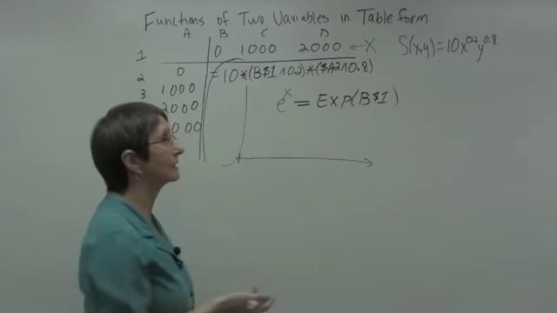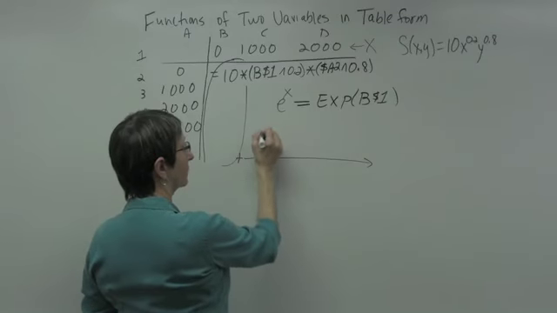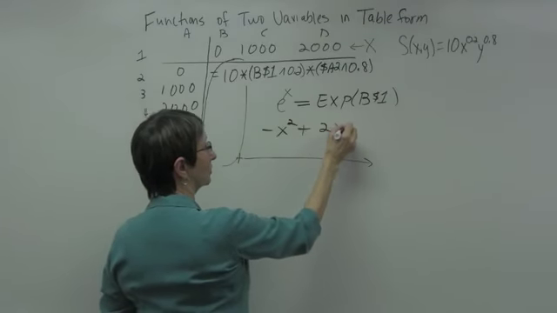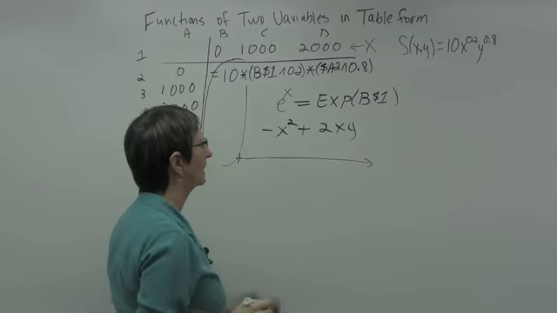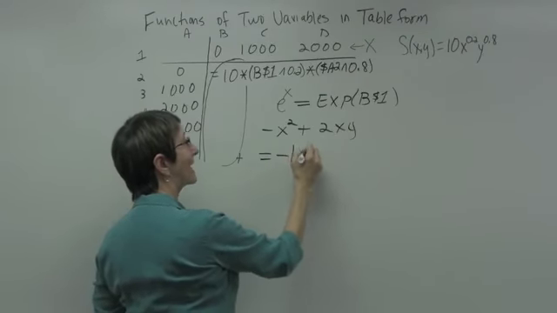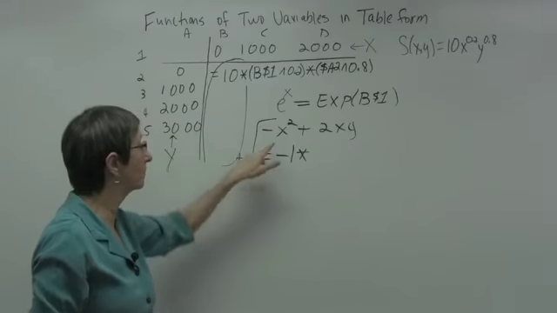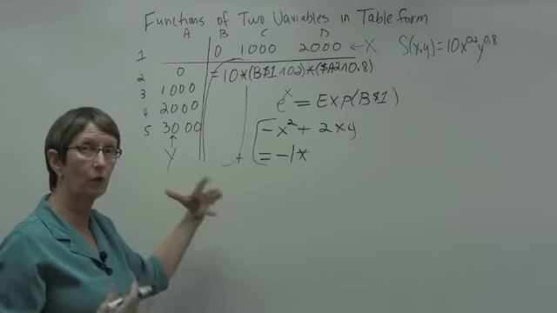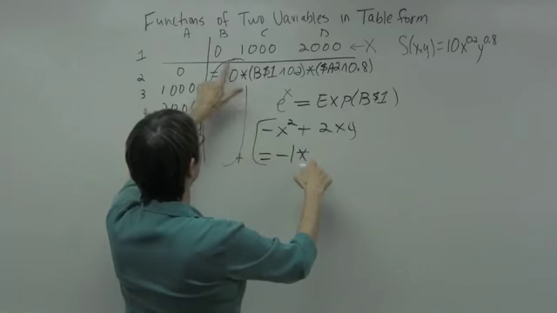If you have a leading negative, if my function were, say, negative x squared plus 2xy, then I would type equals -1 times. Remember, a leading negative in Excel you need to write like that.